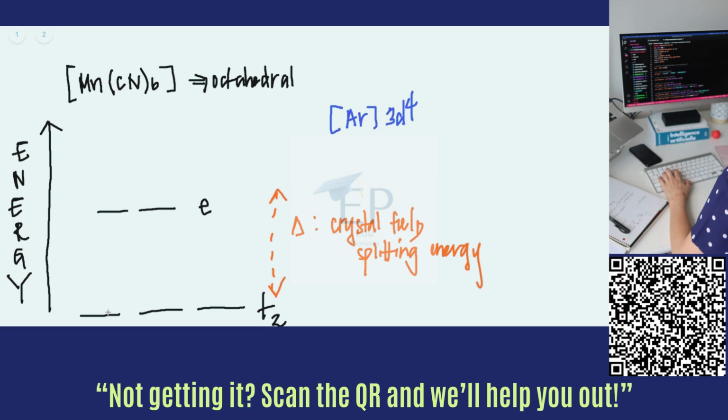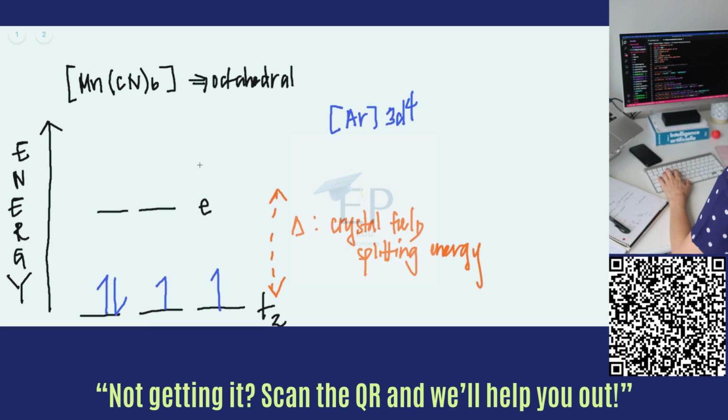We can fill in, according to Hund's rule, of course, 1, 2, 3, and 4 electrons. All right, that's one way to do it. And the second method is to fill in 1, 2, 3, and 4. We can pair 2 of them.